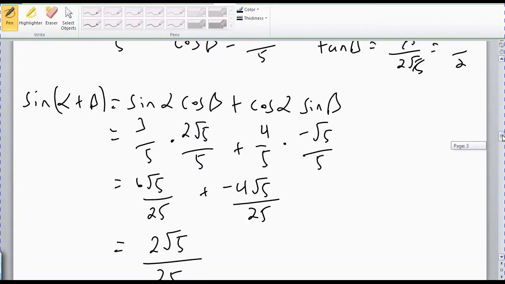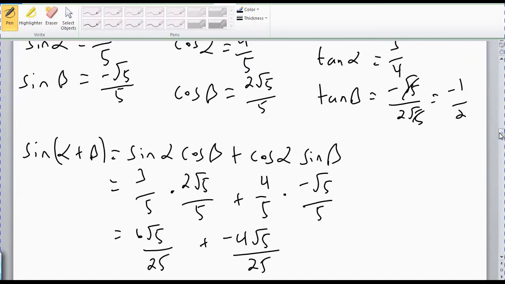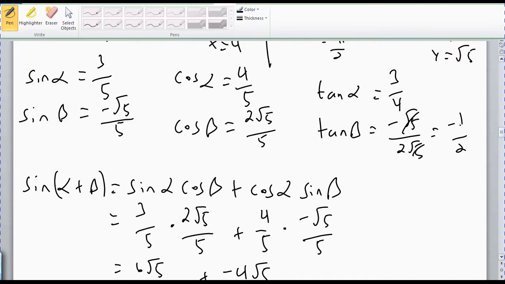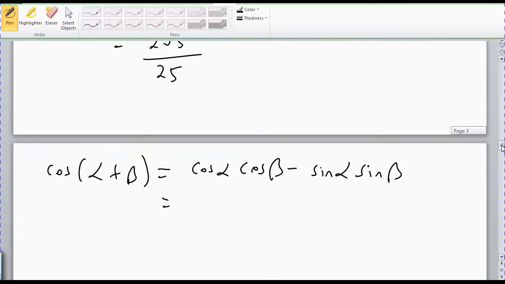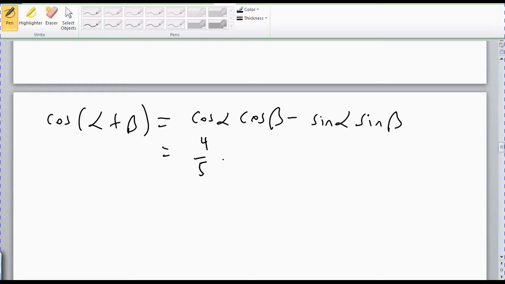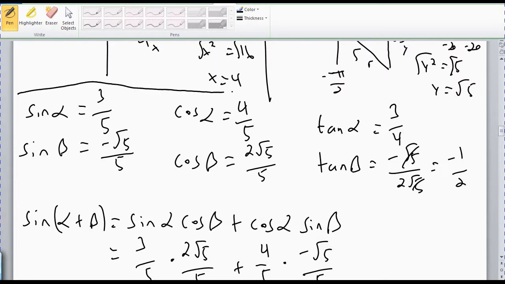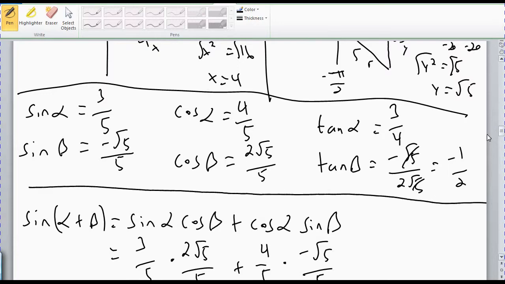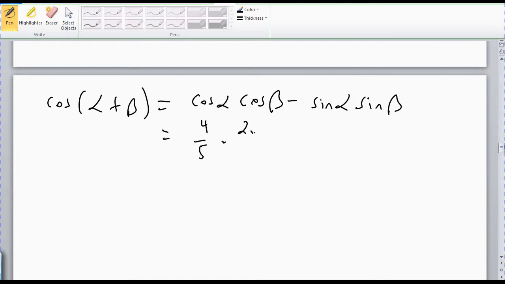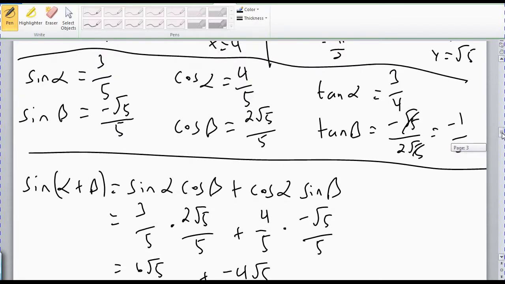Cosine alpha we found to be 4 over 5. Cosine beta is 2 square root of 5 over 5. Minus sine alpha, which is 3/5.